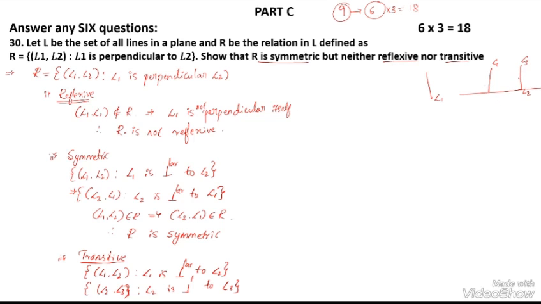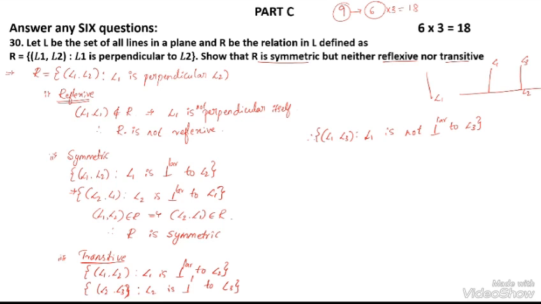While observing the diagram, we can say L1 is parallel to L3. Therefore, for (L1, L3), L1 is not perpendicular to L3.